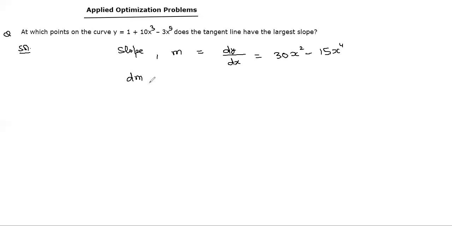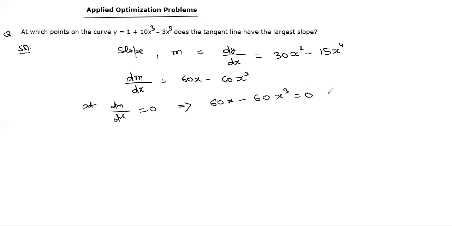Finding dm by dx, the first derivative of the slope, gives 60x minus 60x cubed. Applying the first order condition, equating the derivative of the slope to 0, gives 60x minus 60x cubed equals 0. It can be factorized as 60x times (1 minus x squared) equals 0.